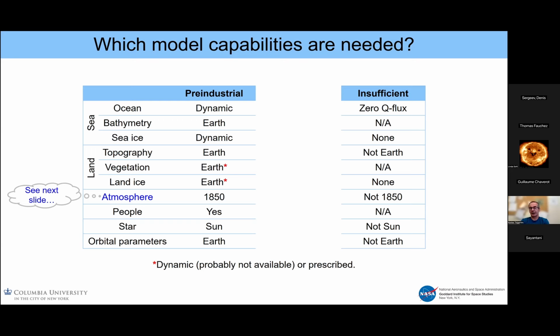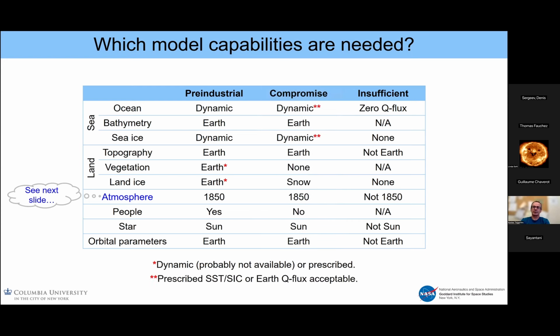I mean, you need to have a cryosphere. If you cannot have land ice and you have snow that accumulates, that works, okay, but you really have to have ice. The atmosphere really needs to be 1850, no question about that. And then you really have to simulate the orbital parameters of Earth and the star being the sun for the present day sun. So these are the things that you really cannot get away without.